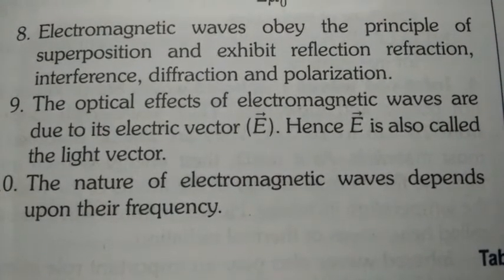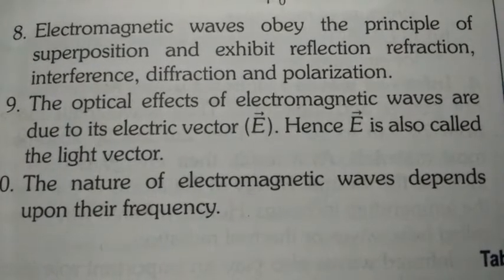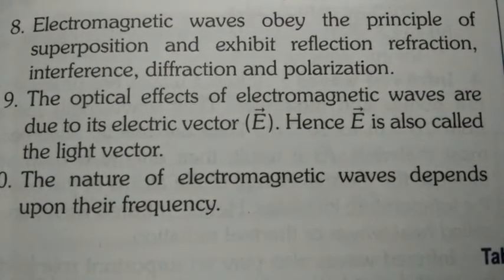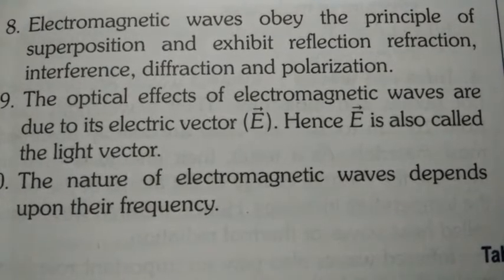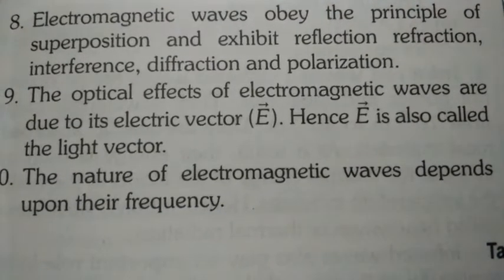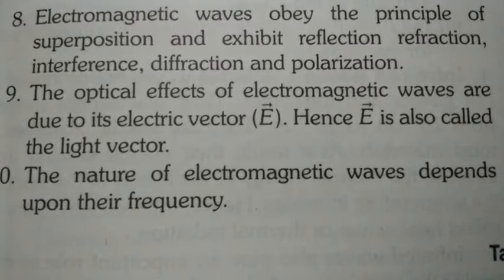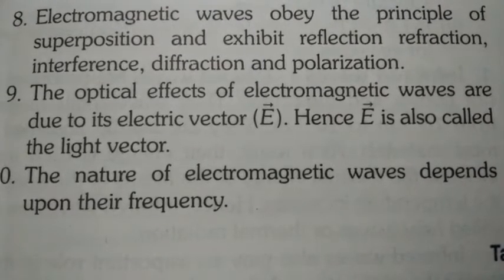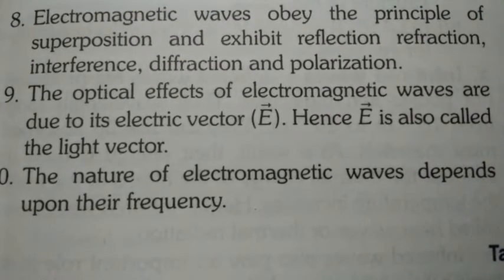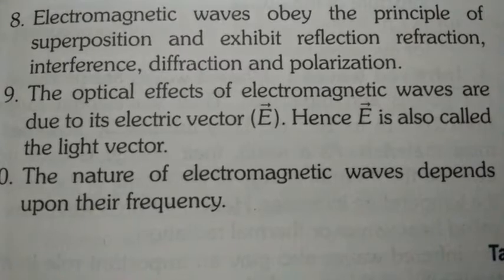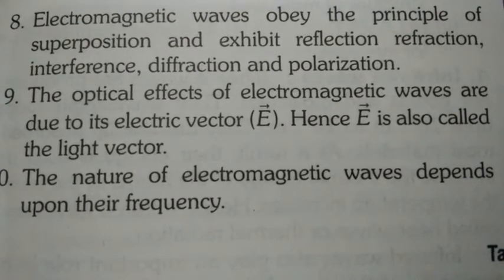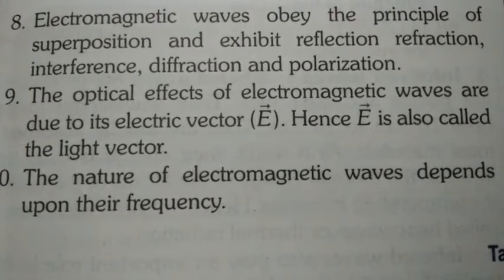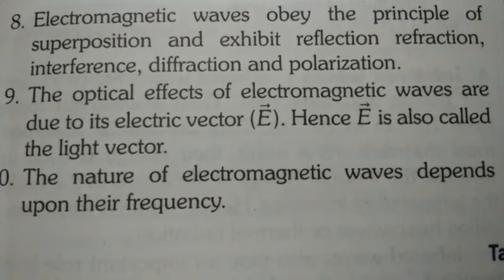Eighth point, electromagnetic waves obey the principle of superposition and exhibit reflection, refraction, interference, diffraction and polarization. So whatever phenomena light represents, they all do the same. Ninth, the optical effects of electromagnetic waves are due to its electric vector E. Hence, E is also called a light vector.